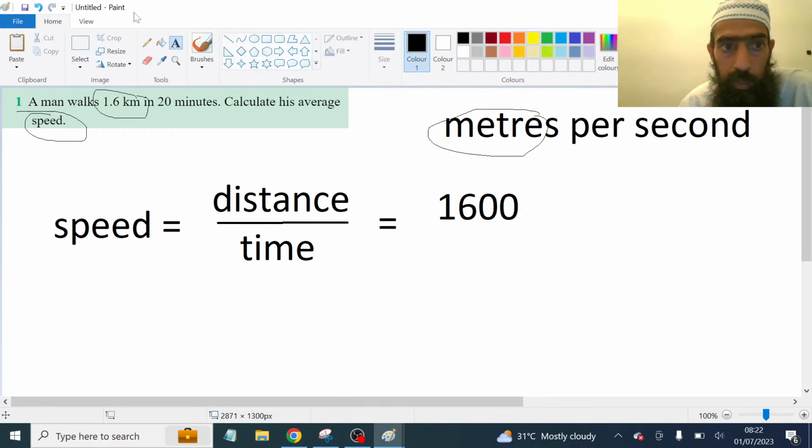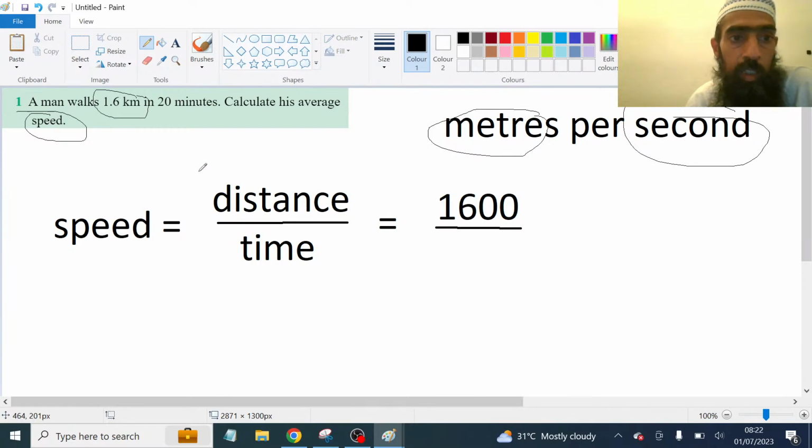Then let's divide by time. Time we'd really want to have in seconds. So since there are 60 seconds to every minute, let's change the minutes to seconds by doing 20 times 60. And that would be 1,200.